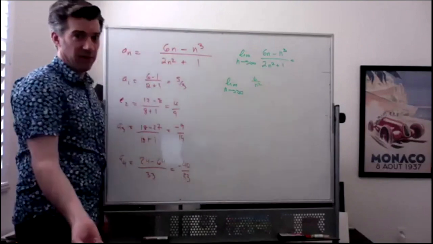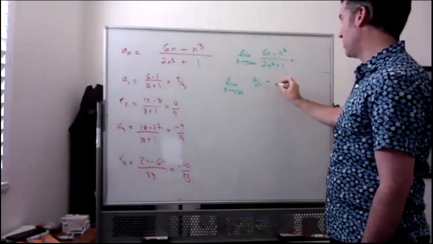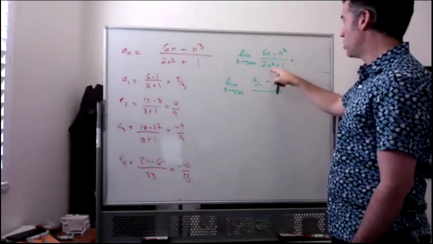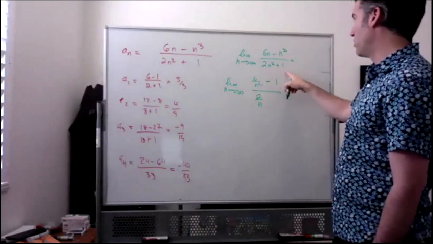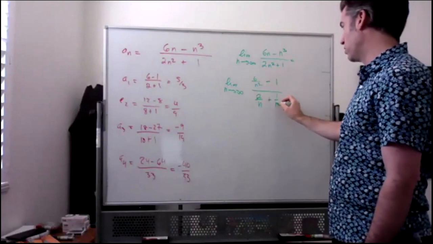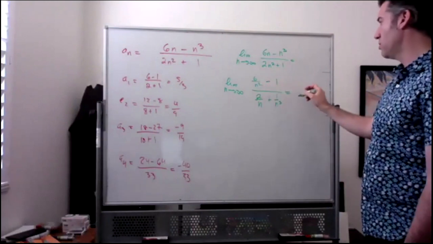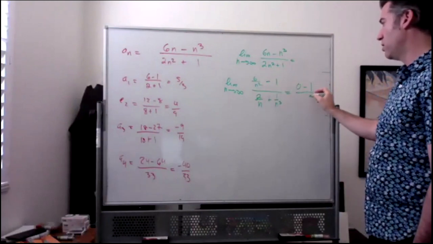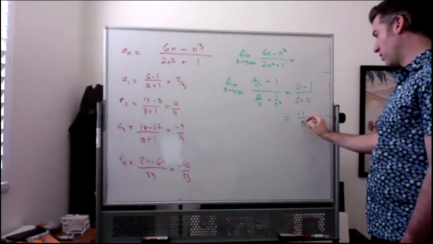I'm doing the simplifying without writing all the division by n cubed. n cubed divided by n cubed is 1. 2n squared divided by n cubed is 2 over n. And 1 divided by n cubed is 1 over n cubed. Okay, so then I get 0 minus 1 over 0 plus 0, which is negative 1 over 0.